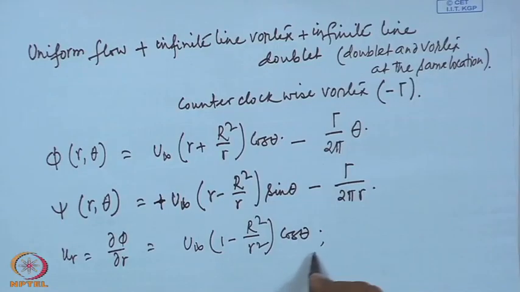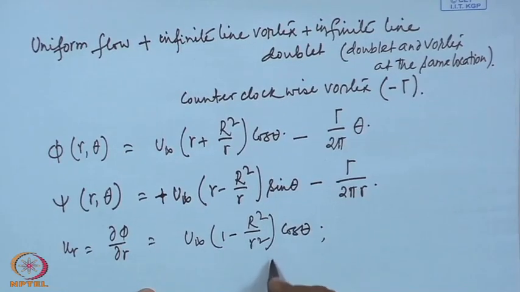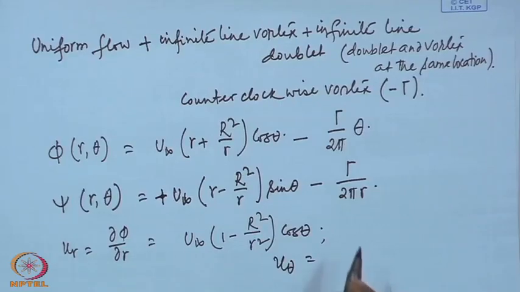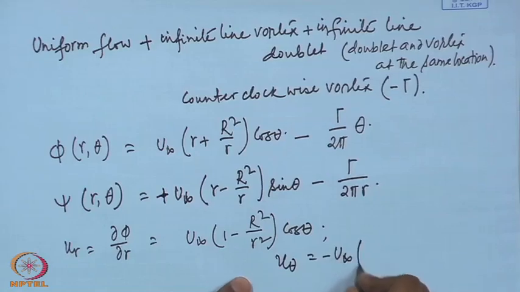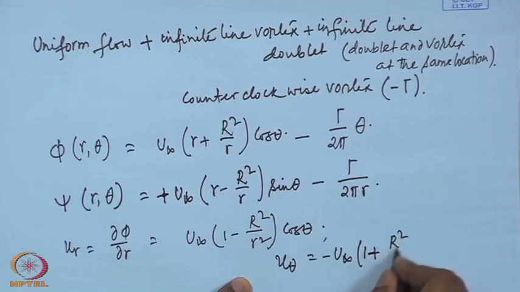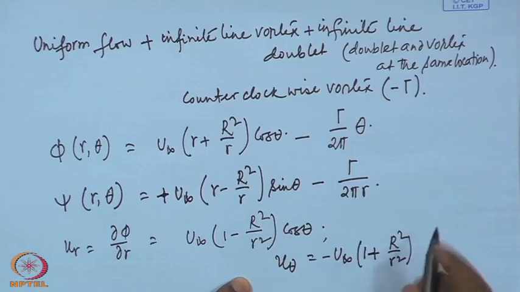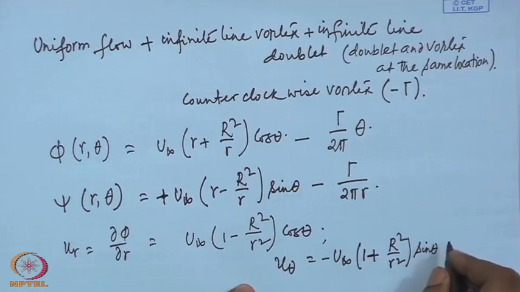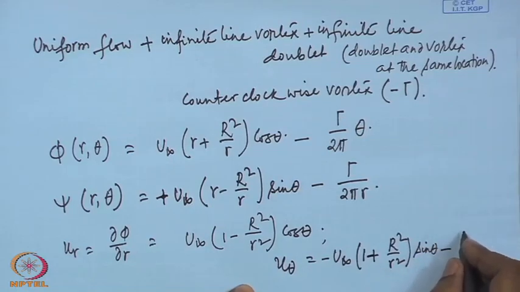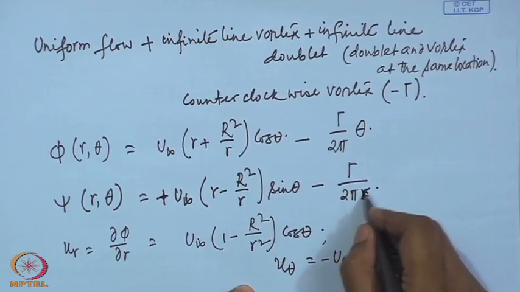However, that tangential velocity component changes. What will be the tangential velocity component? This part remains minus u infinity 1 plus r square by r square sin theta.